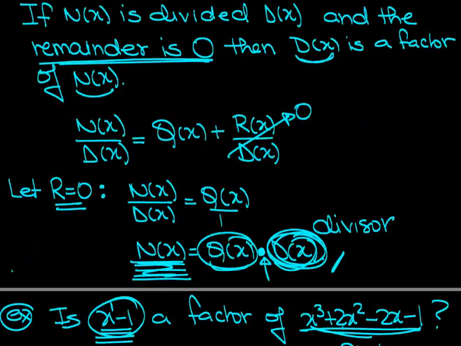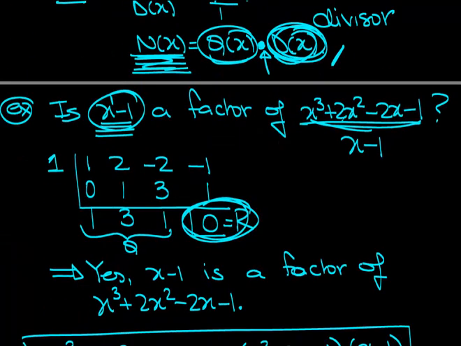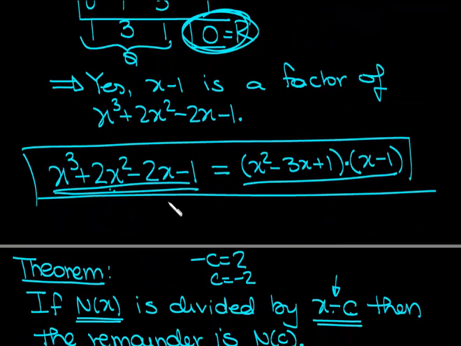That means, and you can see that I've shown you that out here, that means the polynomial in the numerator can be written as a product, because factoring means writing it as a product, of the quotient and the divisor if the remainder is 0. So the question could be asked, is x minus 1 a factor of that? So you can divide the polynomial by x minus 1. If the remainder is 0, then the answer is yes. If it's not 0, then it's not a factor. And if it is a factor, then we can take the polynomial in the numerator and then write it as the quotient times the divisor.